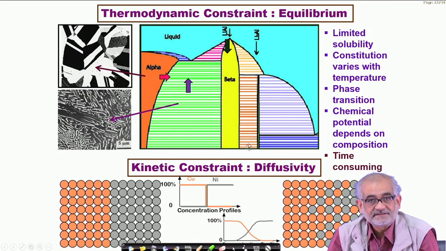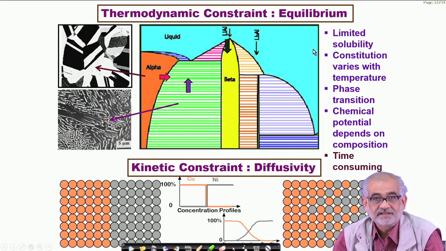In a situation like this, suffice to say that if the left end is 100% A and the right end is 100% B, then if we mix A and B at any proportion from 0% to 100% and heat them from room temperature all the way up to a temperature where both A and B are in the liquid state, then the entire history of evolution of the phase aggregate is captured in this diagram called the phase diagram.